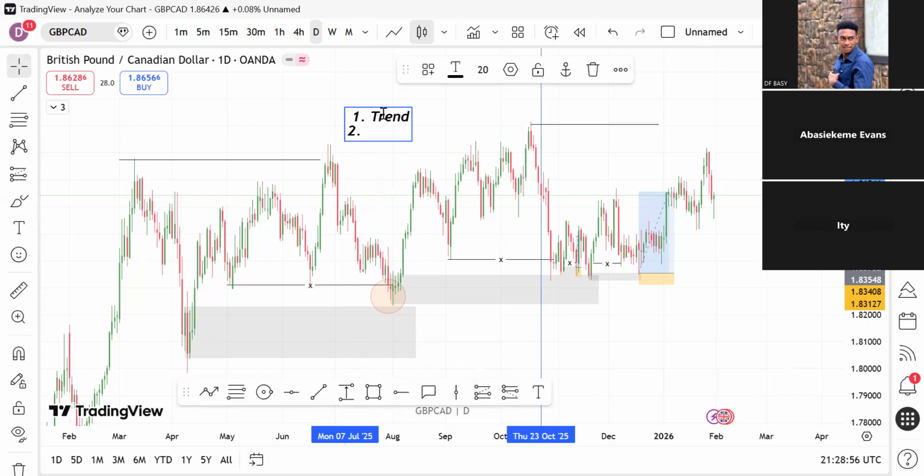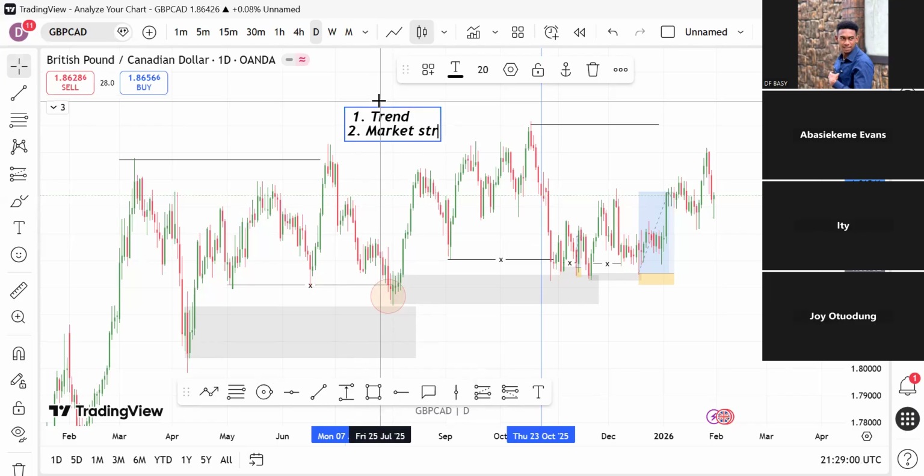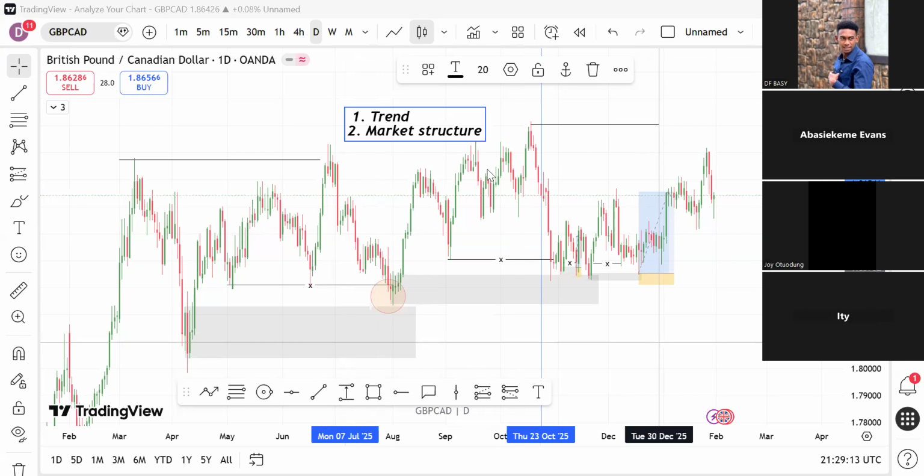Two, market structure. Then we're talking about candlestick.